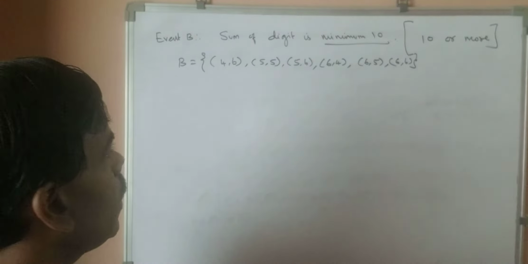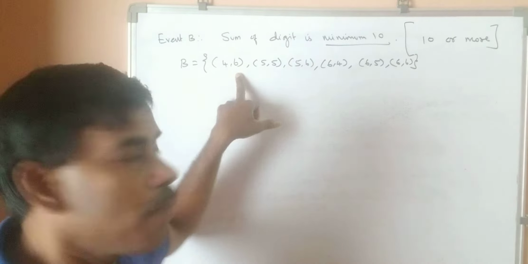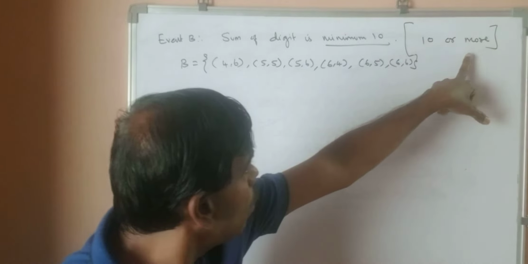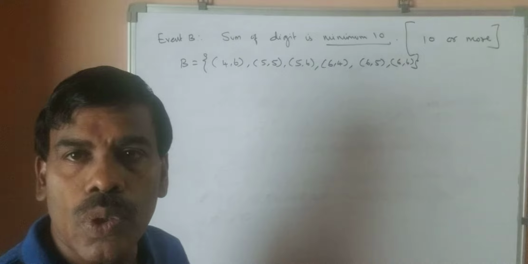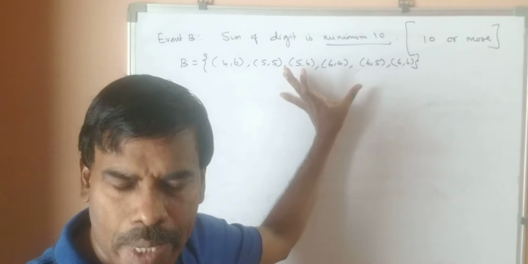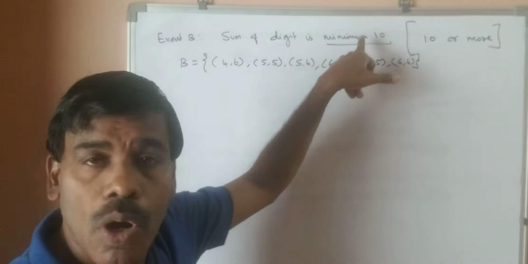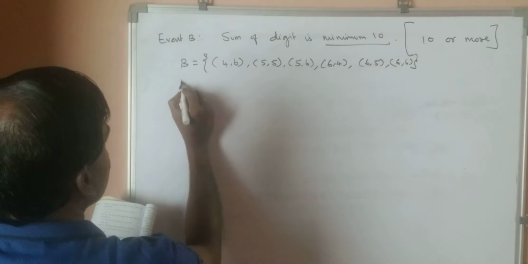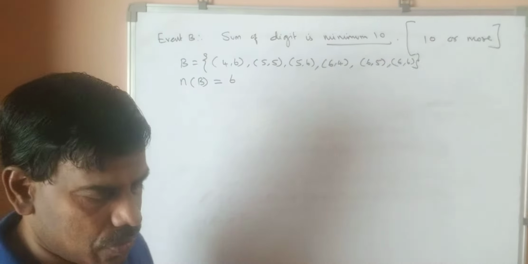See, only these are the ones which, if you add, will give you 10 or more. 4 plus 6, 10, 5 plus 5, 10, 5 plus 6, 11. Yes, we want 10 or more. This is 10, this is 11, this is 12. So, these are the only elements in the sample space satisfying this condition. What is the condition? Sum of digits is minimum 10. Okay. So, how many are there? 6. So, number of sample points in the set B is 6.